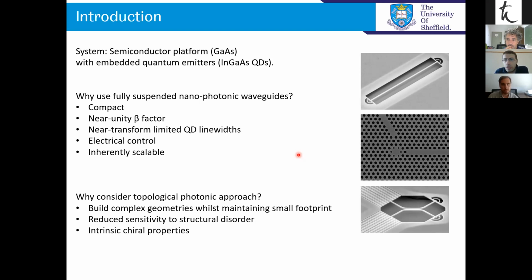There's the possibility of reduced sensitivity to structural disorder, so that when we go to high group index, slow light, there's a possibility of reduced localization effects. And there's also a topic I'll touch upon a number of times in my talk, intrinsic chirality of the waveguide modes, which allows you to ultimately couple different spin states of a quantum emitter in different directions.